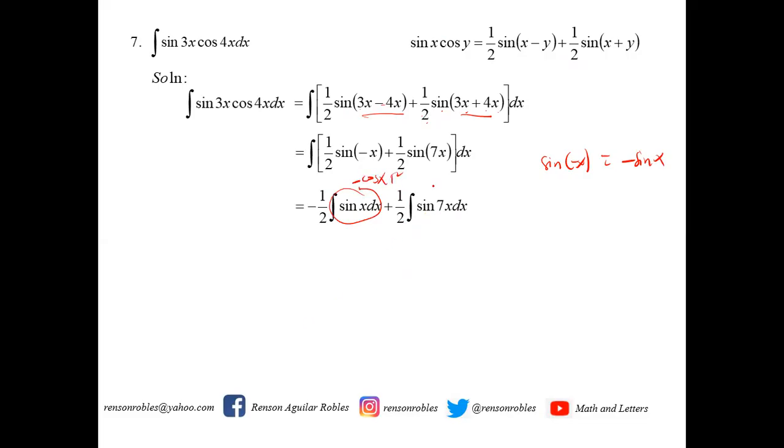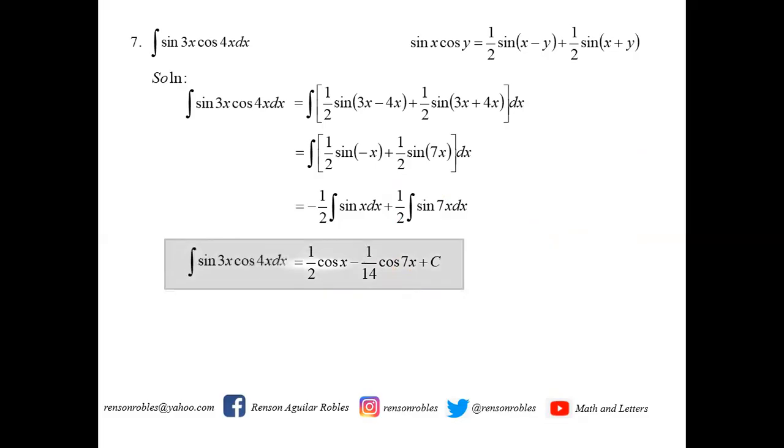And also the integral of sine 7x dx is negative 1/7 cosine 7x. And then finally, we have positive 1/2 cosine x, then minus 1/14, that's 2 times 7, cosine of 7x plus c. And therefore, the integral of sine 3x cosine 4x dx is 1/2 cosine x minus 1/14 cosine 7x plus c.